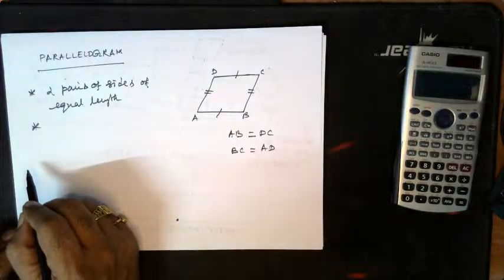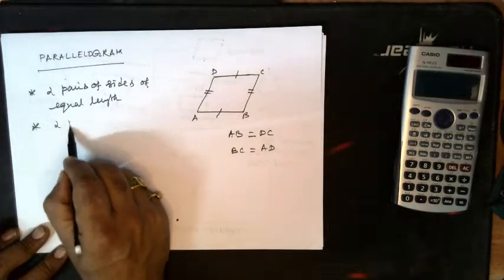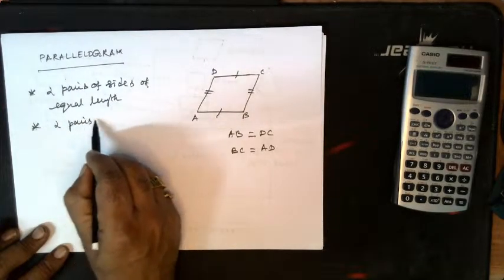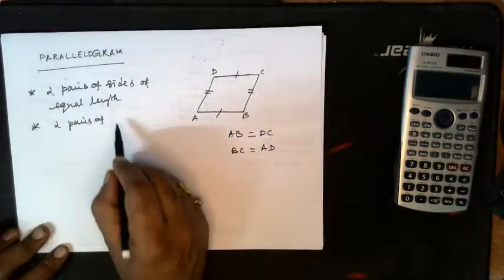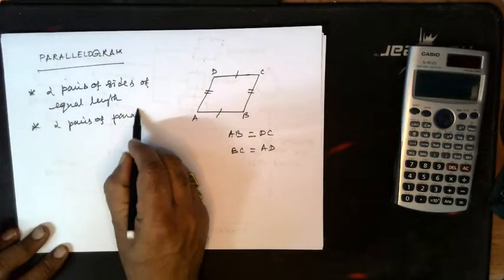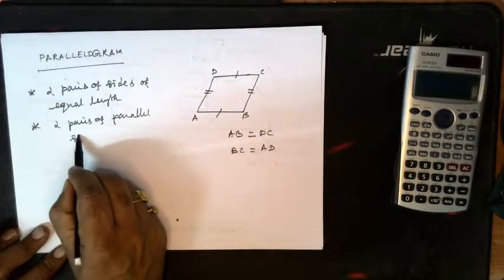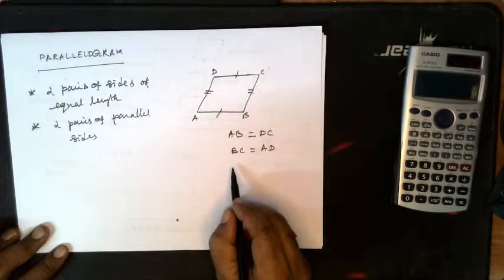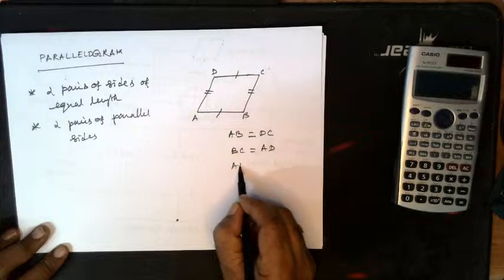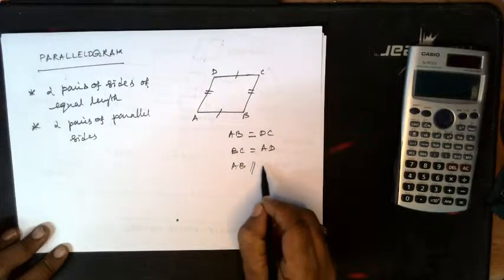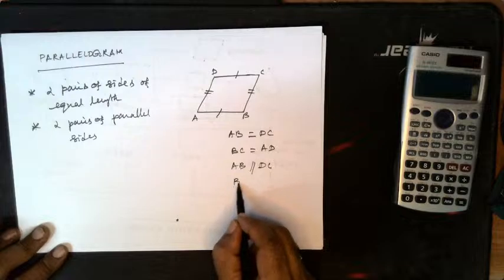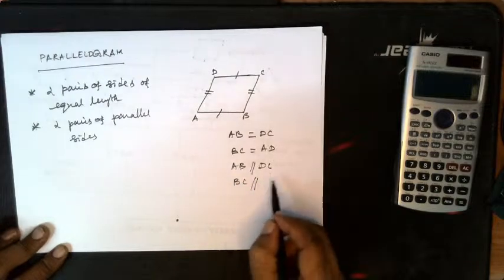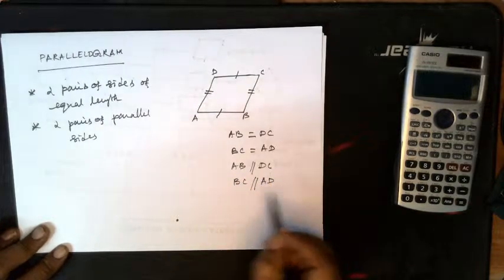Then it has two pairs of parallel sides. It means AB is parallel to DC and BC is parallel to AD, right?